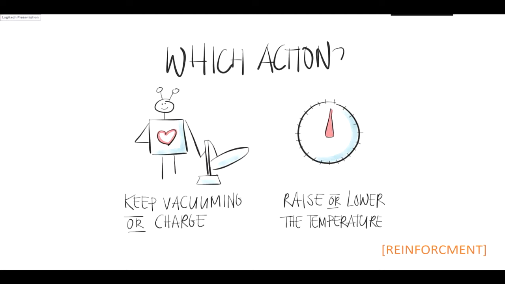The way it works is a little bit like how kids learn, in that, for example, if you touch a hot stove, then you get feedback saying this is really bad, and you're not going to touch that anymore. Same way it works with reinforcement learning. You do something, you get negative or positive feedback. If you get negative feedback, you stop doing it. And if you get positive feedback, you continue doing it.